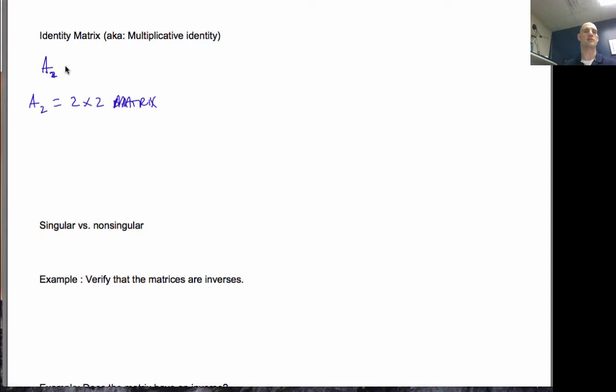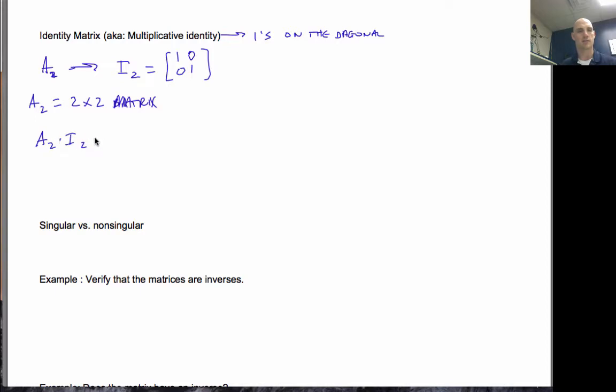The identity for a 2 by 2 matrix is 1, 0, 0, 1, so ones on the diagonal. So A2 times I2 is equal to A, because if you multiply it out, it's going to be equal to the same thing.